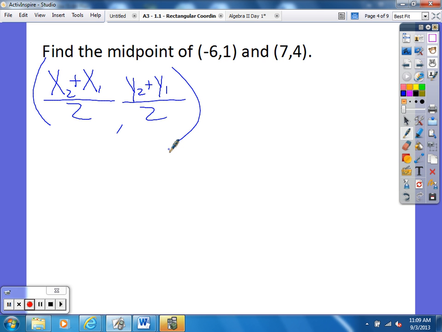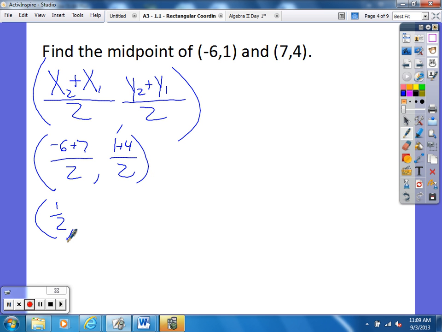Please make sure you do show work, though. Plugging in the numbers would be work. That would be good for me. There's the answer I got: 1/2, 5/2.